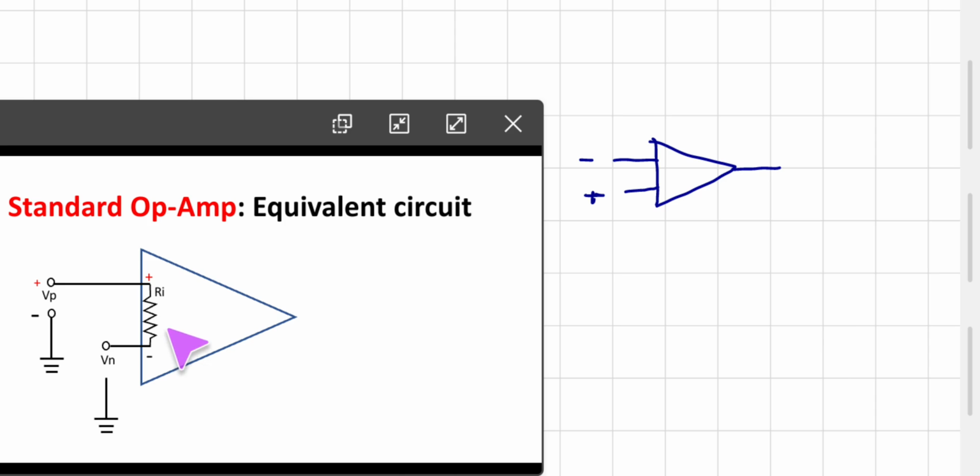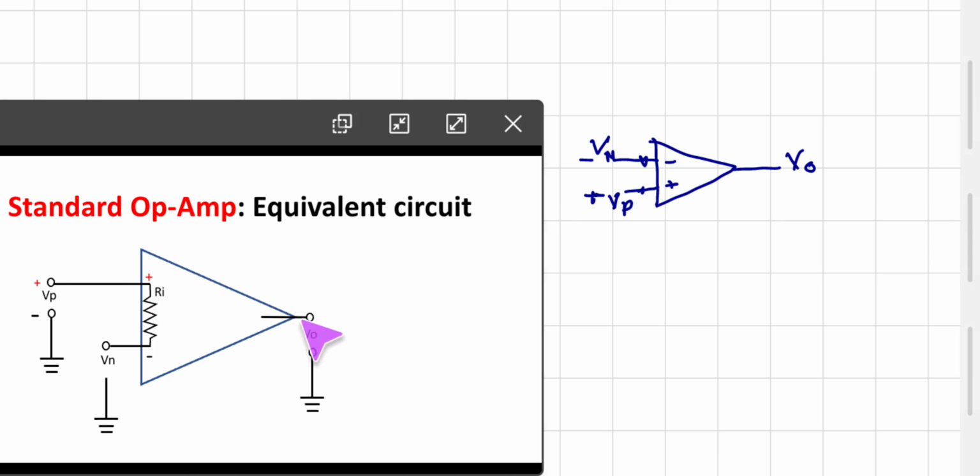Remember that when we talk about the Opamp, this is the first input terminal, that is negative, and this is the second, these are input terminals. Here we connect Vn, Vp and Vout. Whenever we talk about input resistance, it is between these two input terminals, that is Ri.